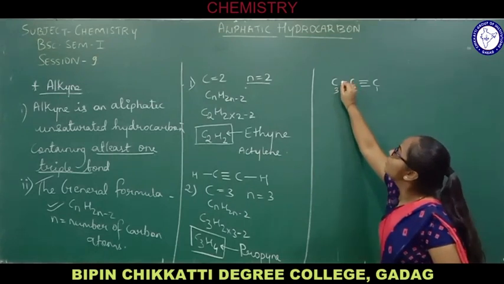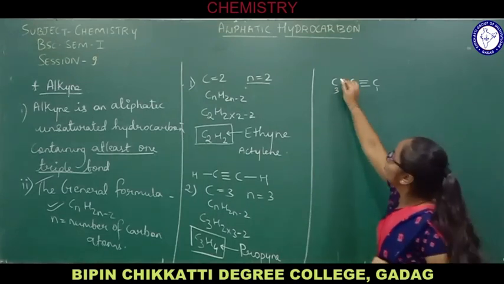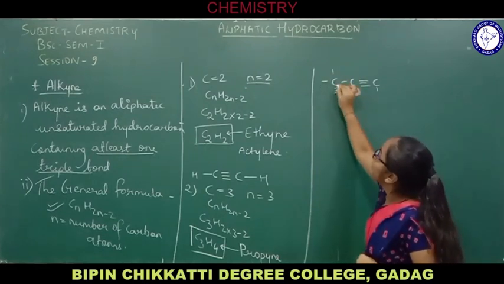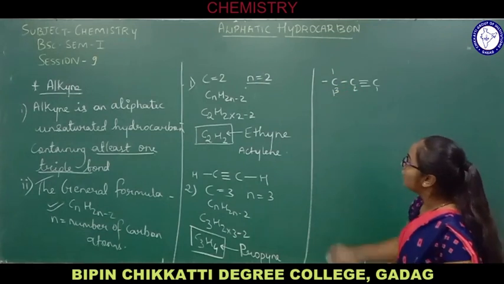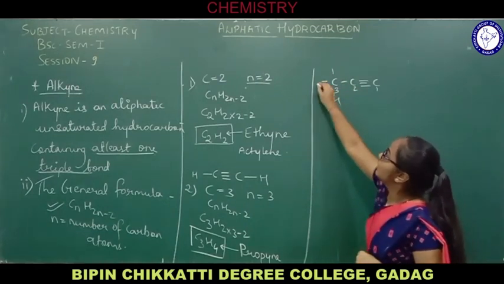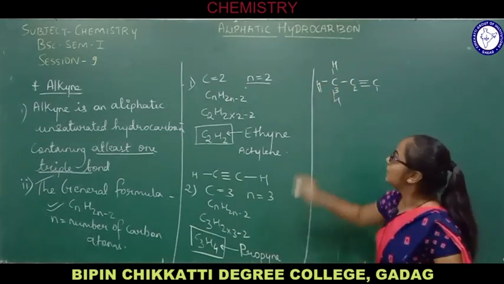These 3 bonds will be utilized to combine with hydrogen atoms. So here 3 hydrogen atoms will be utilized in this manner.